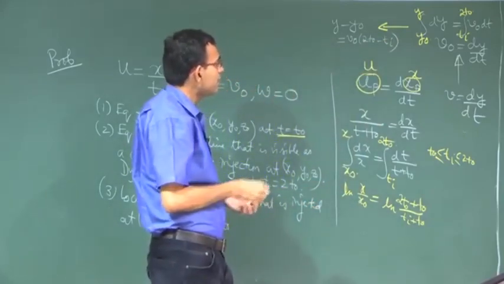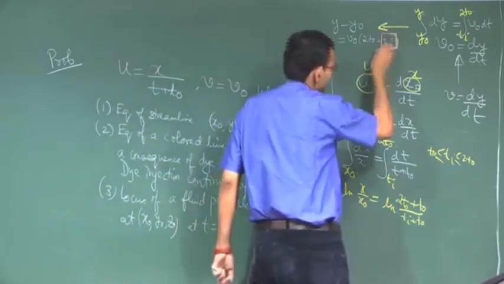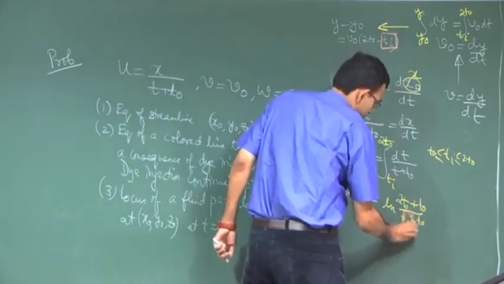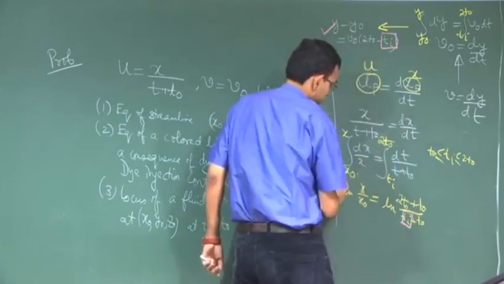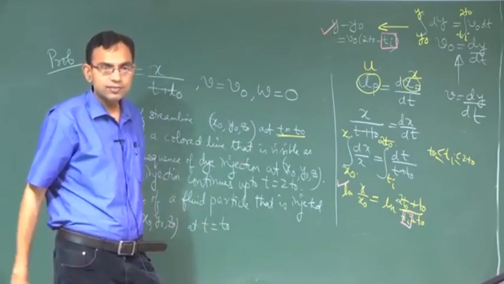So, what you can simply do is you eliminate this ti from these two equations, and that will give you the locus, right.